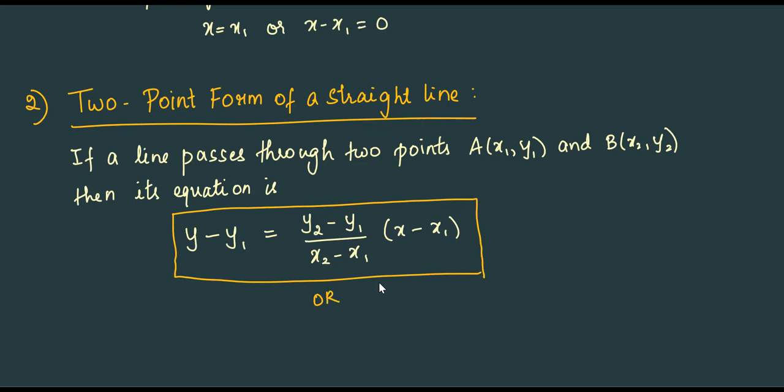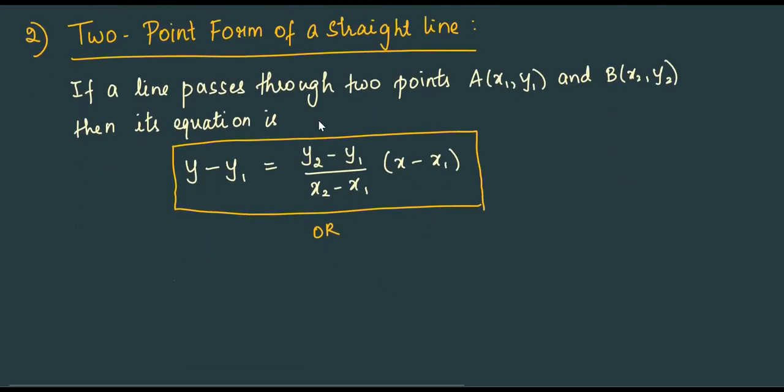Or we just write like this in terms of ratio: (x minus x1) by (x2 minus x1) is equal to (y minus y1) by (y2 minus y1).